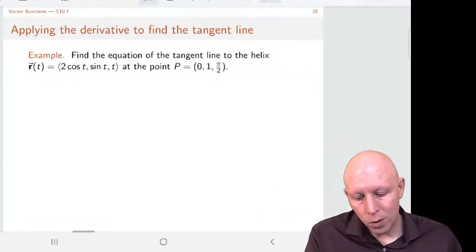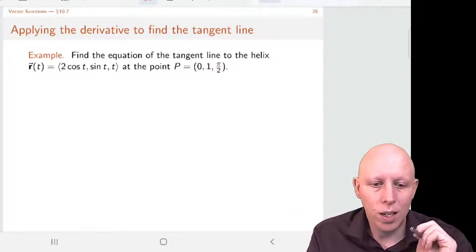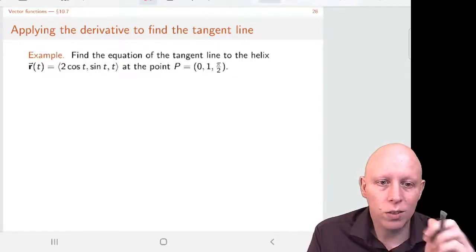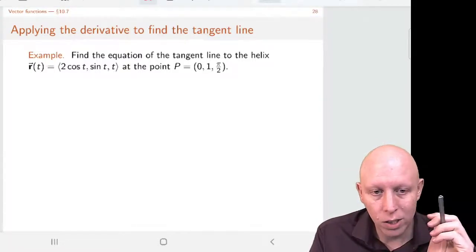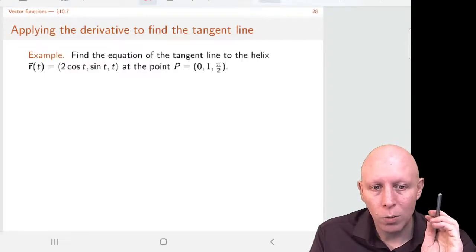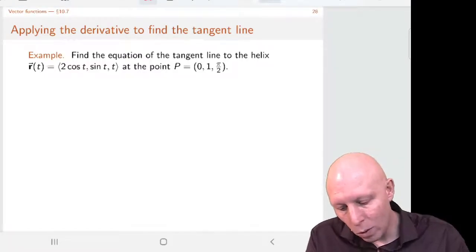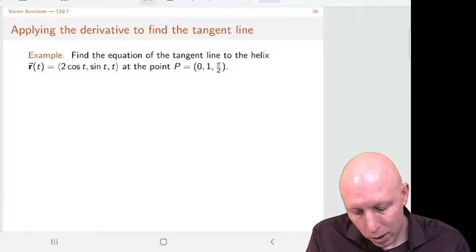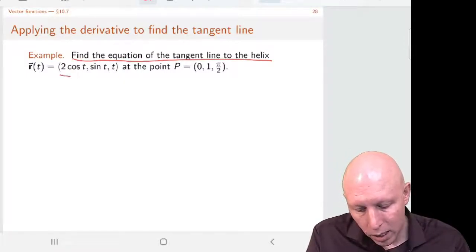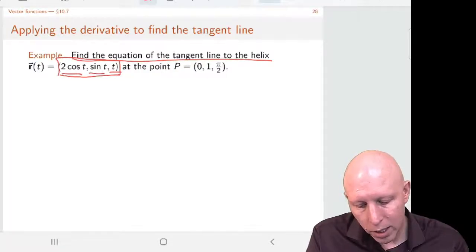All right, so let's apply this to find the tangent line to a bunch of different curves. We'll do one in 3 dimensions, and one in 2 dimensions. So consider this helix: 2 cosine of t, sine of t, t.